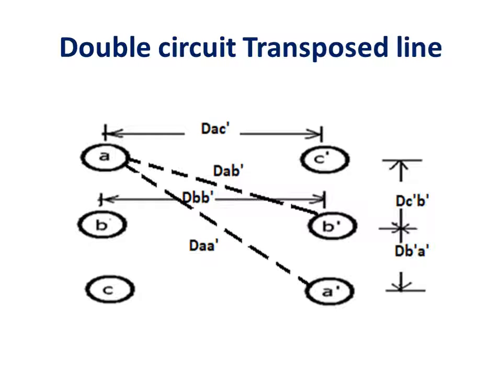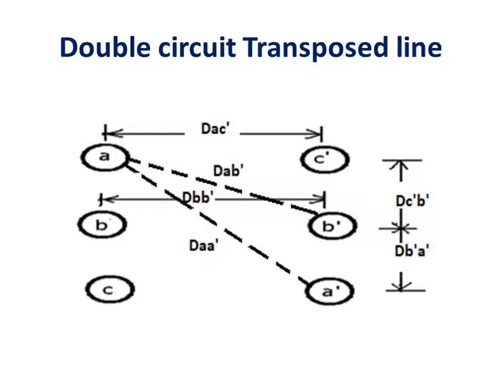Now coming to this double circuit transposed line. When there is a lot of power demand, you need to use the existing lines, so we'll be going for a double circuit line. That is, one side of the tower will have one circuit and another side of the tower will have another circuit.